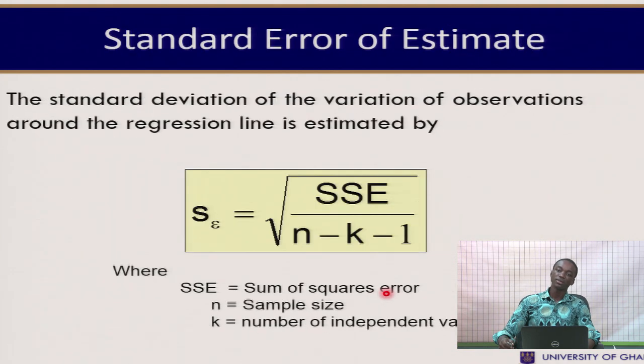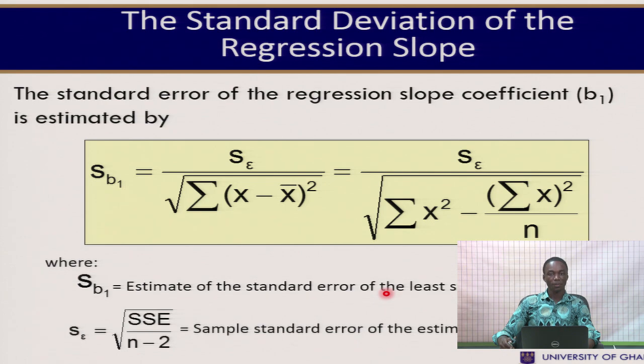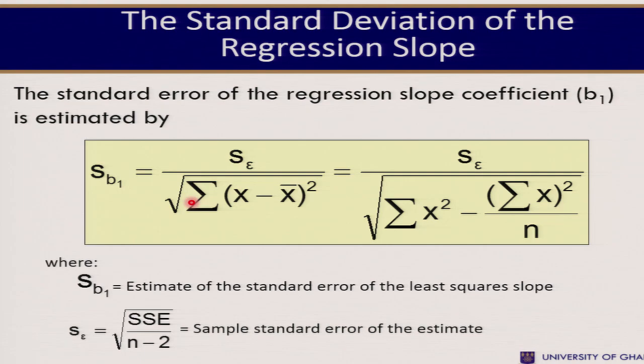These standard errors would help us to determine the significance of our B1, that is the significance of the slope. It will help us also calculate the standard deviation, which we are going to use in other computations. So our standard deviation of the regression slope will be given as the standard error over the square root of the summation of x minus x bar all squared.